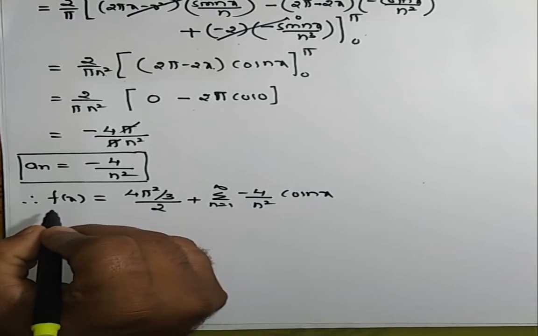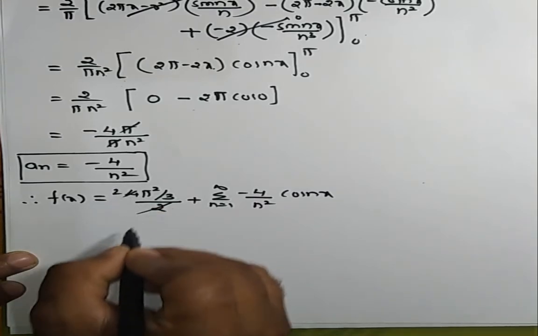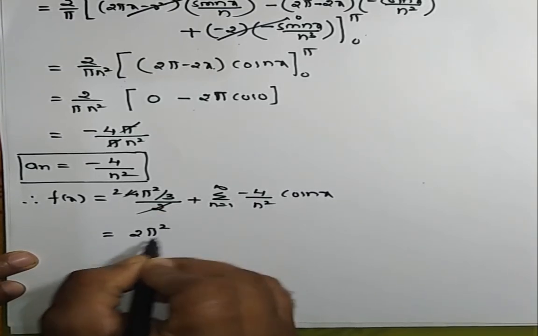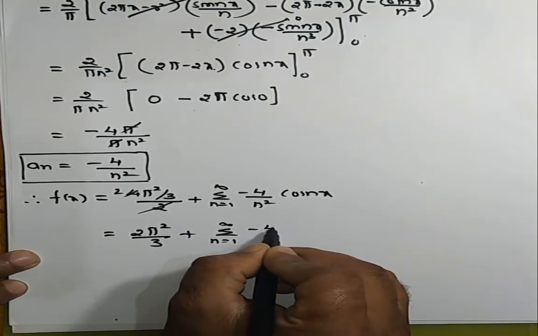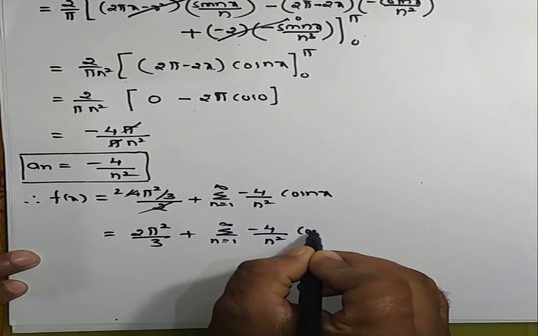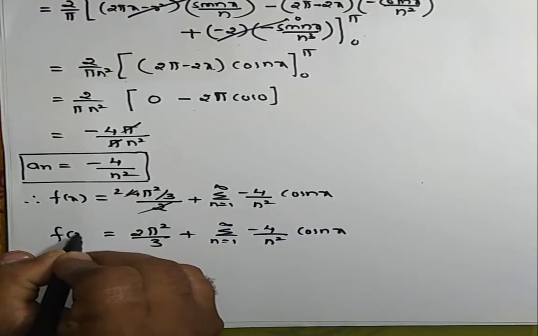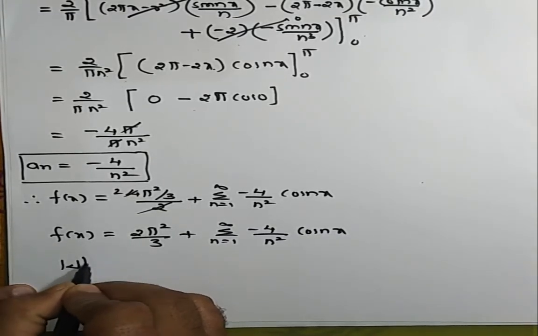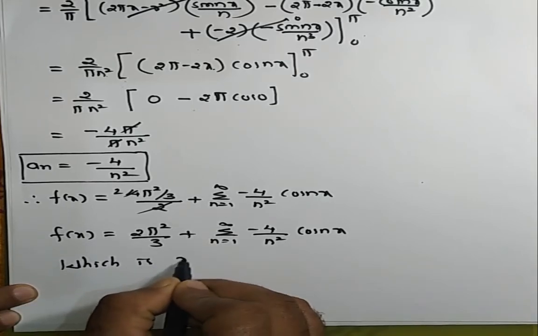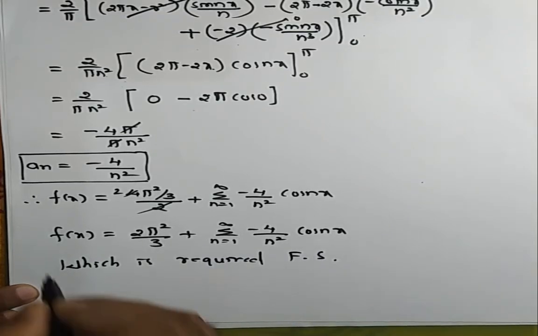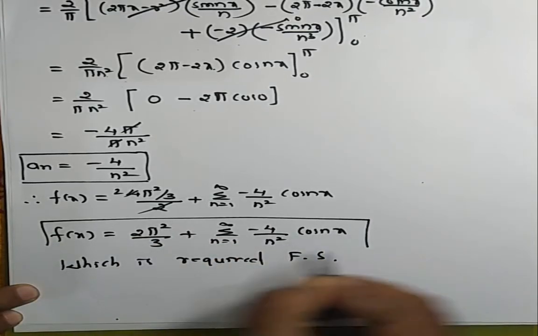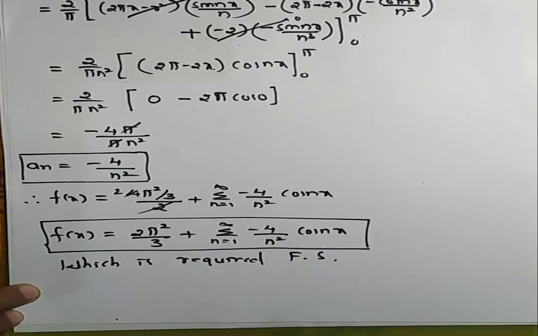You can cancel here, so 2 pi square divided by 3 plus summation n from 1 to infinity minus 4 divided by n square into cos nx. So this is the required Fourier series.